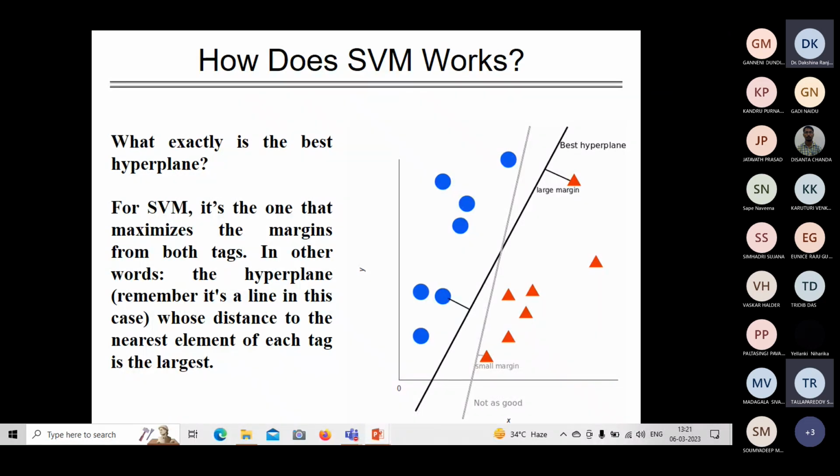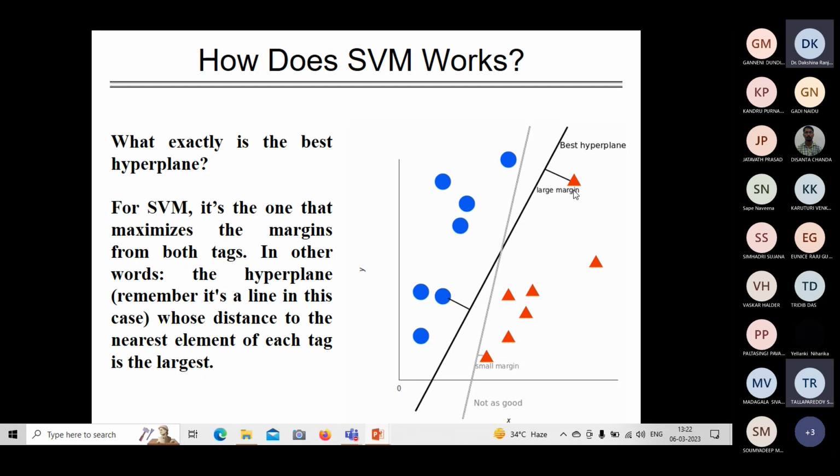In this example, we can see that there are two hyperplanes that we have found, but we are taking the optimal one, which is called the best hyperplane, due to its margin, which has been found to be maximized from the examples that belong to two different classes. Here, the blue circles are in one class, and the red triangles are in another class.